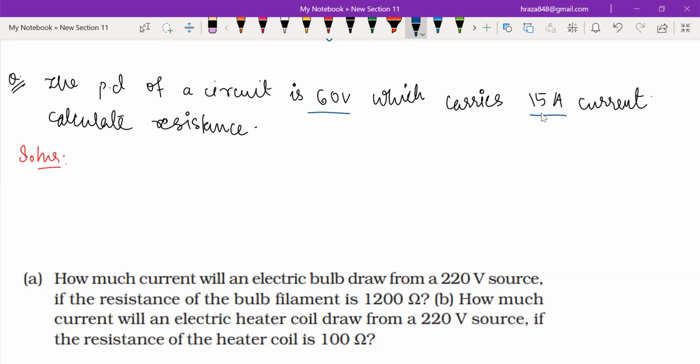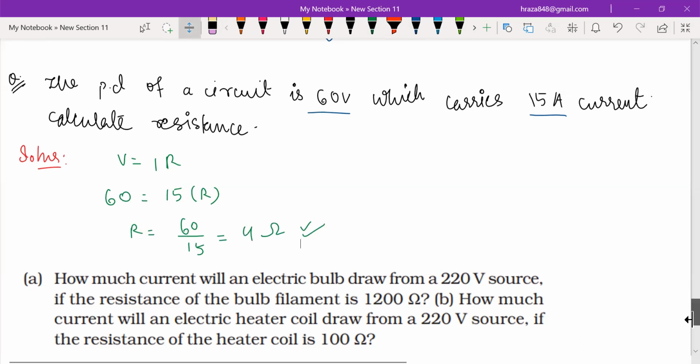Sir, the answer is 4 ohm. You know V is equal to IR. V is given as 60, I is given as 15, and here is your R. R will be equal to 60 by 15, that means 4 ohm. Is that clear? Very good.